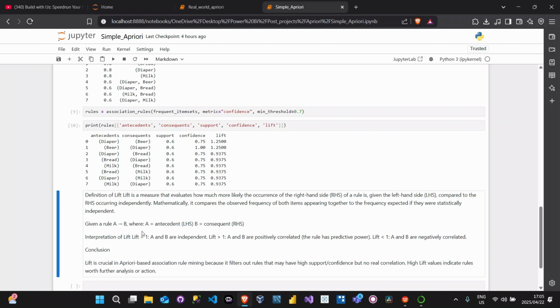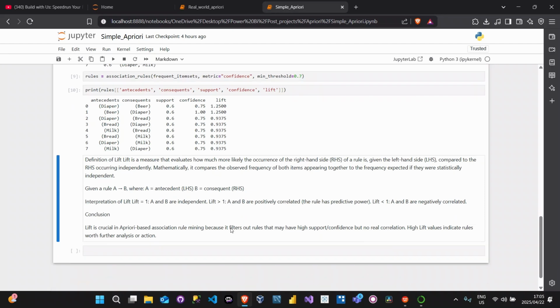So we are saying, given row A leads to B, where A, like I said, is the left hand side and B is our right hand side, we apply a probability rule, which I will explain in the notes and leave it for you to work out, but it's not absolutely necessary.